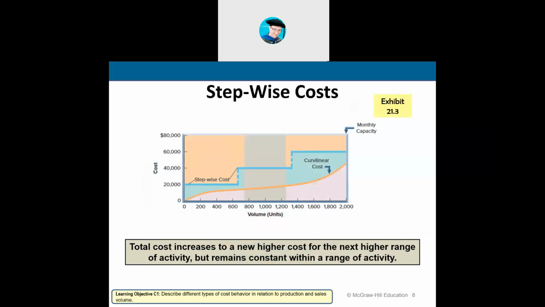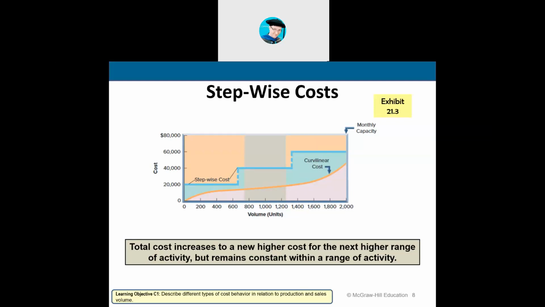This one's a little different. We also have this process called stepwise costs. I've heard it called a couple of different terms, but if you look at this graph, it shows it as being steps. Up to a certain amount of production, it goes up. Certain amount of production, it goes up.